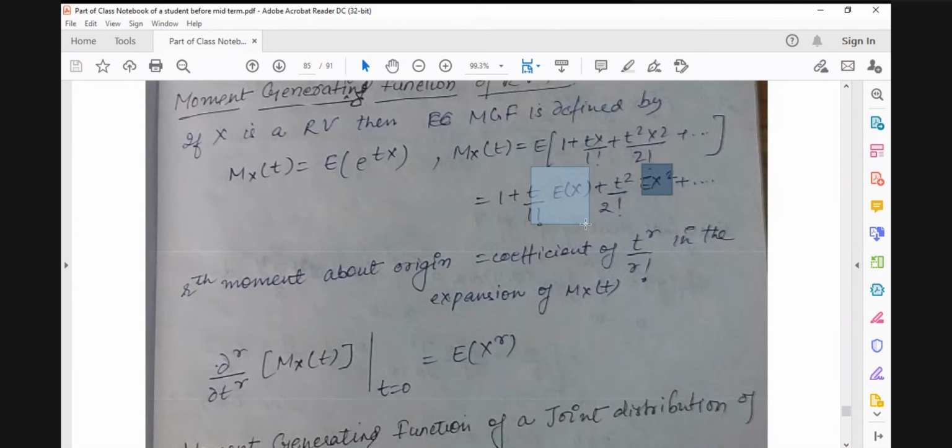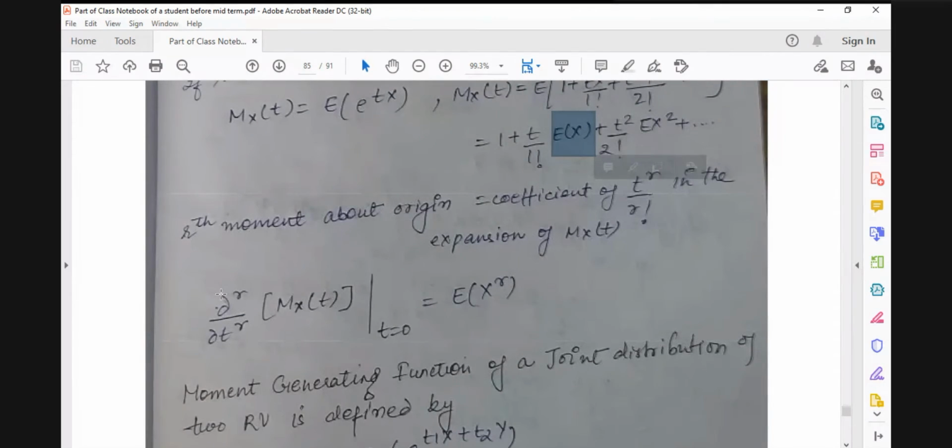Only the first term does not have t after differentiating one time. So once I differentiate one time and put t equal to 0, all other terms are 0, and I am left with only the expectation of x. So d over dt, one time differentiation of M_X(t), will give you expectation of x.